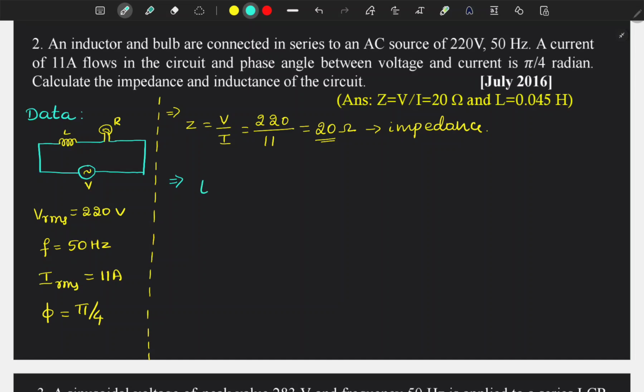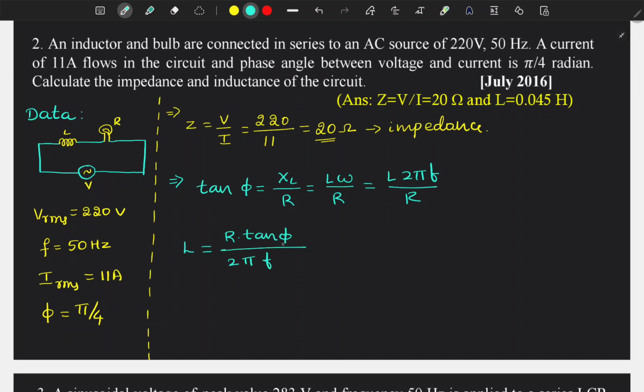Next, we know that tan phi is equal to XL divided by R, that is equal to L omega divided by R, that is equal to L into 2 pi f divided by R. Here we need to find out L value, therefore L is equal to R into tan phi divided by 2 pi f.